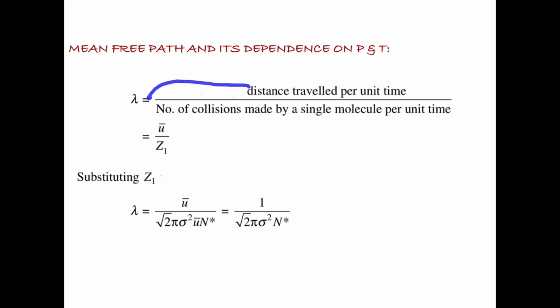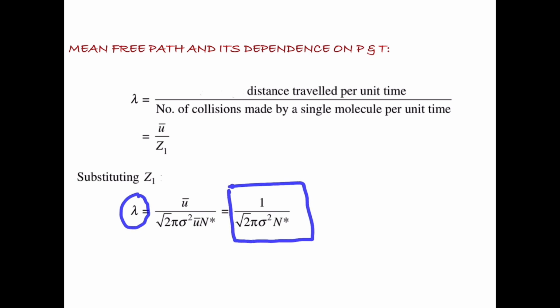The distance traveled by the gas molecule per unit time is u average, and the number of collisions made by a single molecule per unit time is Z1. If you substitute Z1 in this expression, you will get mean free path lambda is equal to 1 by root 2 times pi sigma square n star.